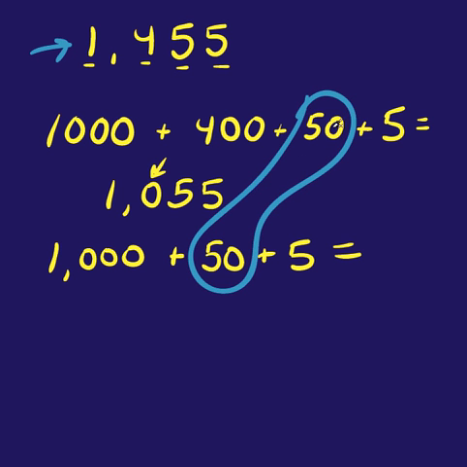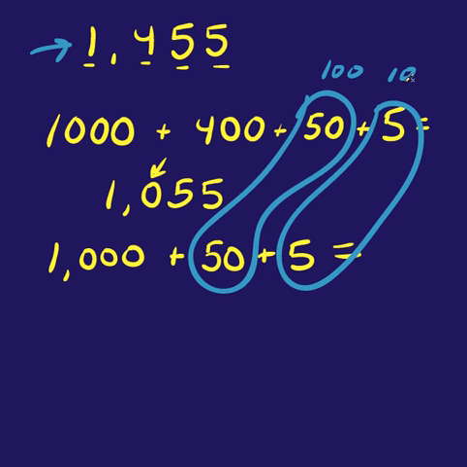There's 100. There's 10. So that's 110. We're done with those. And now, well, these are pretty easy. Here's 1,000 and 1,000. That's 2,000. 2,000, 400, 500, 10.